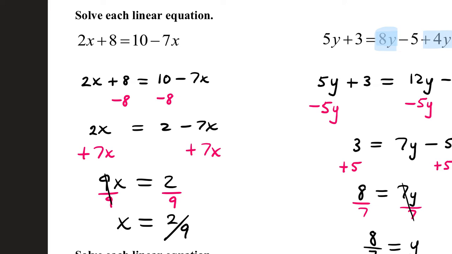Subtracting 8 from both sides leaves us with 2x plus 0 equals 2 minus 7x. Now, add 7x to both sides of the equation. It keeps the scale balanced. 2x plus 7x is 9x equals 2. That goes to 0. And then 9 is attached to x, so divide both sides by 9, and our answer is x equals 2/9.